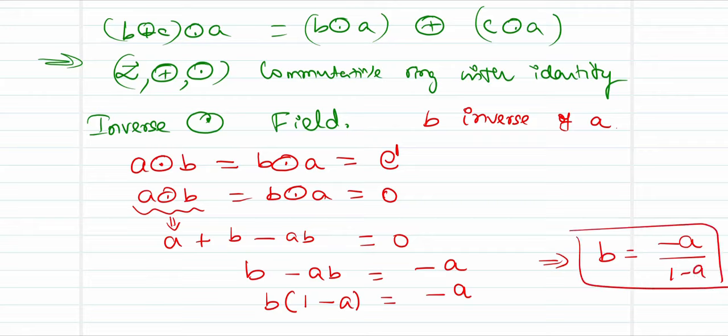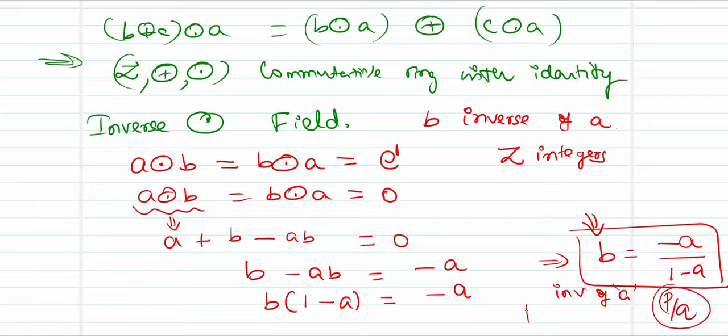So the problem lies over here. What we have taken as the set is the set of integers. But what we get as B, the inverse element of A, is going to be of the format P by Q. What does P by Q stand for? It stands for the set of rationals.